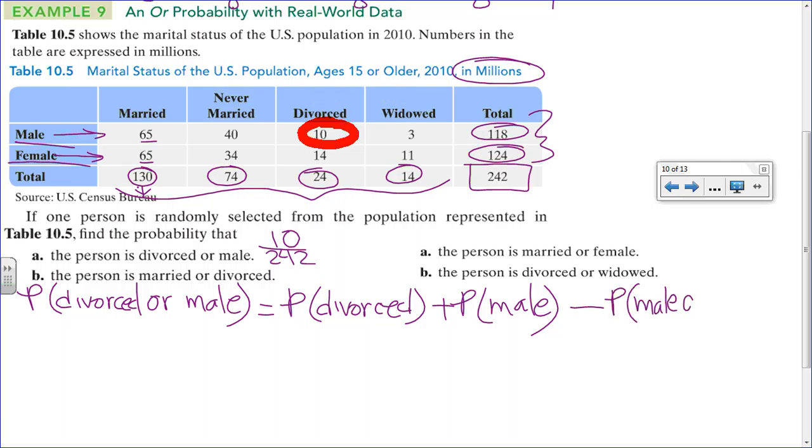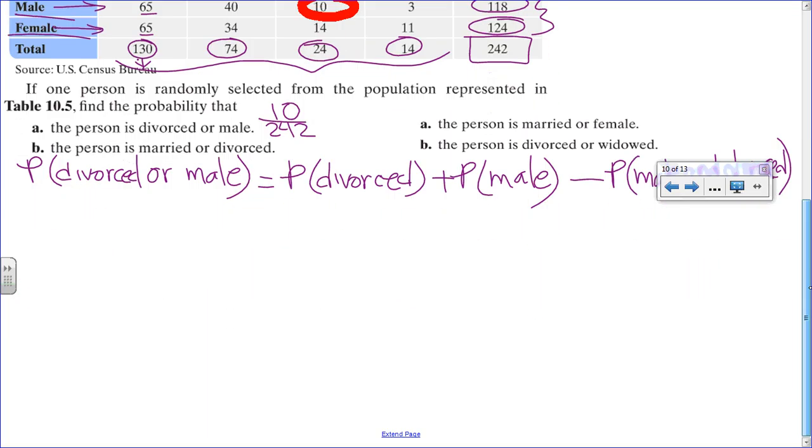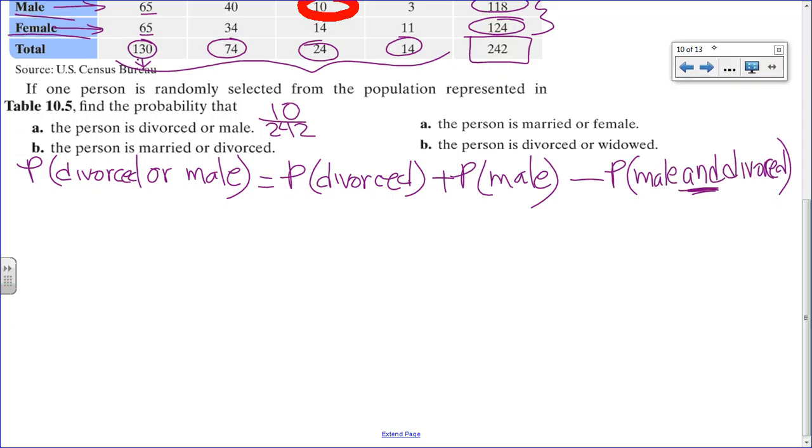Male and, remember when we use the word and, that means intersection. Okay, so out of all the divorced people, there were 24.